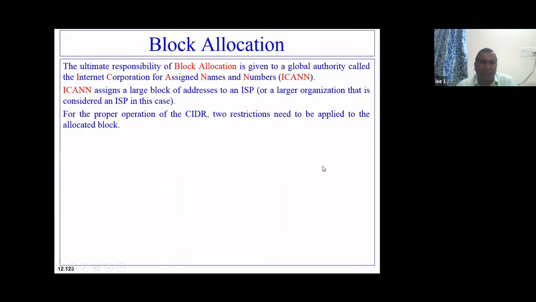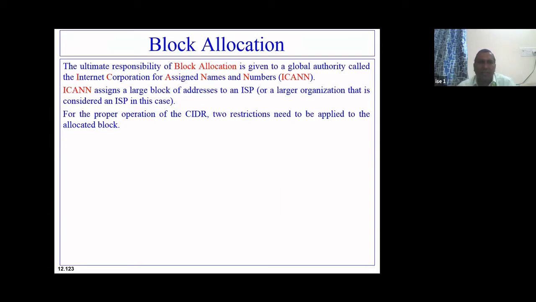Now there is a concept called block allocation. This concept is not very important, but anyway, I'm going to deal with it. Block allocation is the responsibility of a global authority called the Internet Corporation for Assigned Names and Numbers.